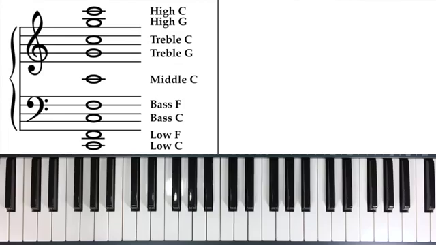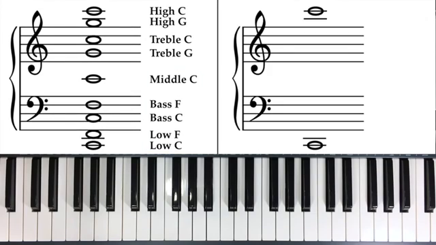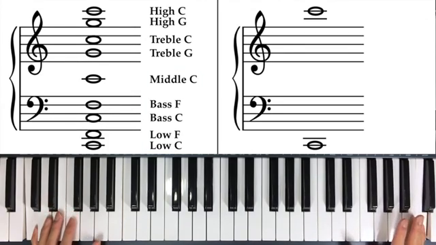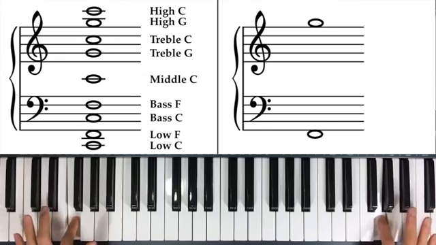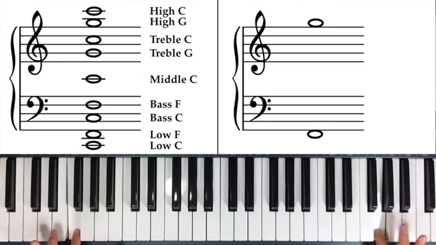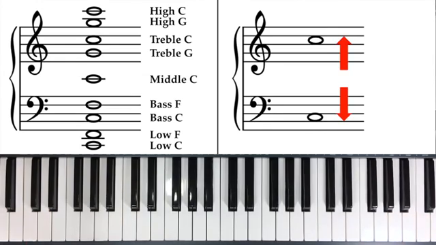In treble clef, the landmarks are just Cs and Gs. And in bass clef, the landmarks are all Cs and Fs. Visually, it's easy to remember. On the outsides, you have high C and low C, which are two ledger lines out. And then you have high G and low F, which are touching the staff on the outside, right, just on the space. And then within the clefs, it's inverse. So you have your treble C, which is three lines from the bottom of treble, and you have your bass C, which is three lines from the top of bass.